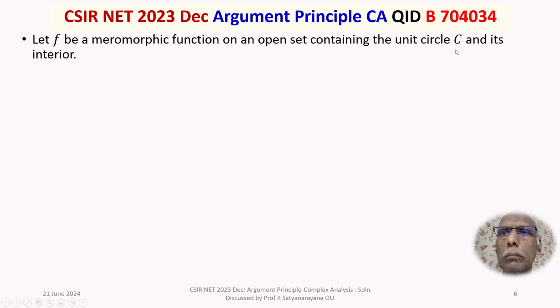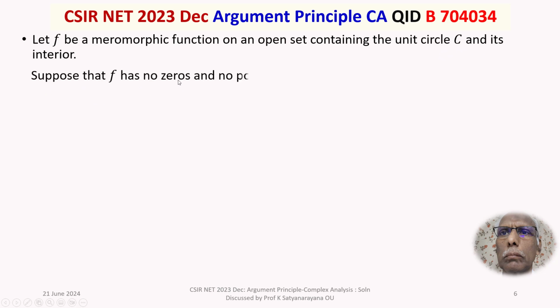So there is an open set, let us say D. In that, the unit circle is there, and our function is meromorphic on the open set D, in which this unit circle is there and its interior. Right.